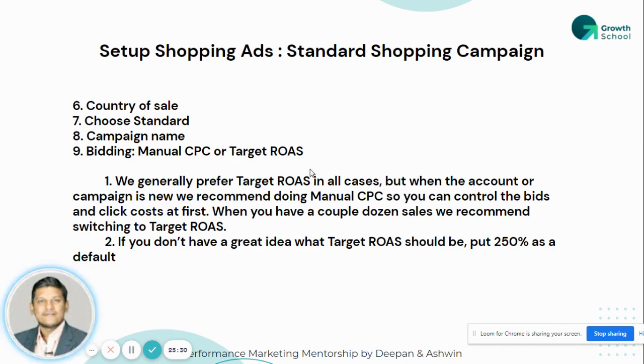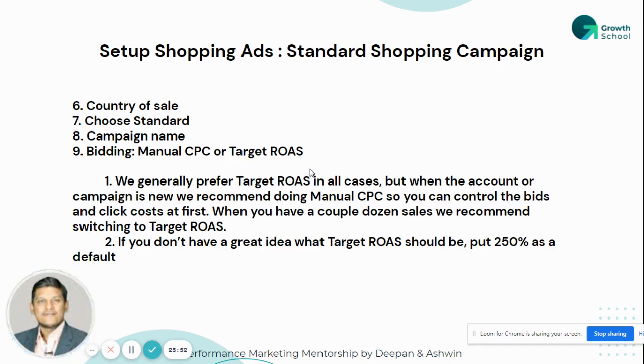Mostly you can go for ROAS, return on ad spend. However, if you are a beginner and you are starting from scratch, then you can go with manual CPC, so that you can have more control over the bids and click cost.